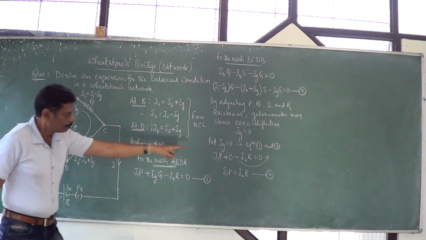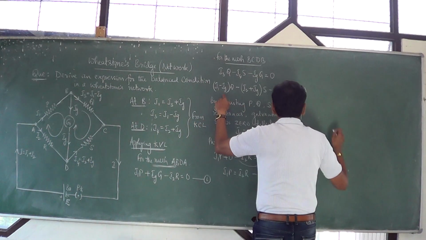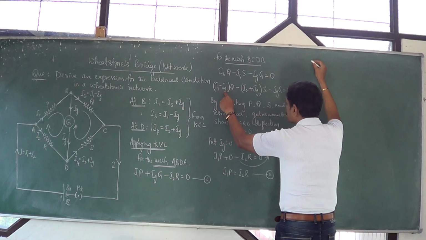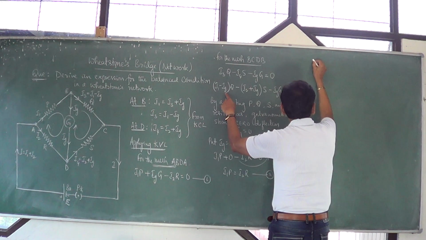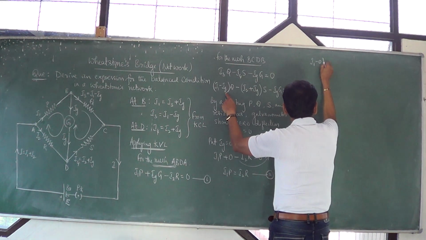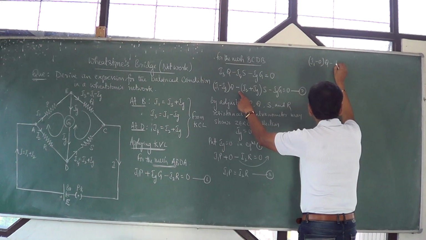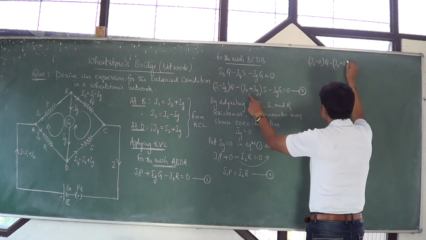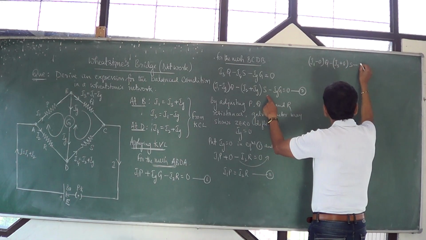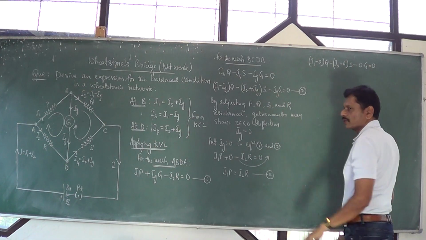Same idea, put Ig current equal to 0 in equation number 2 here. So in this case, I1 minus Ig, where Ig current is equal to 0, I1 minus 0 into Q minus I2 plus 0 into S minus Ig current, which is 0, into capital G is equal to 0.